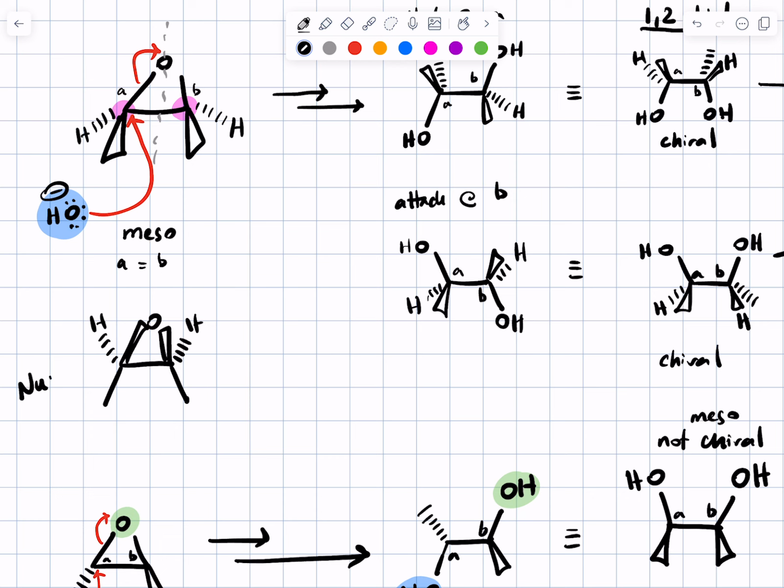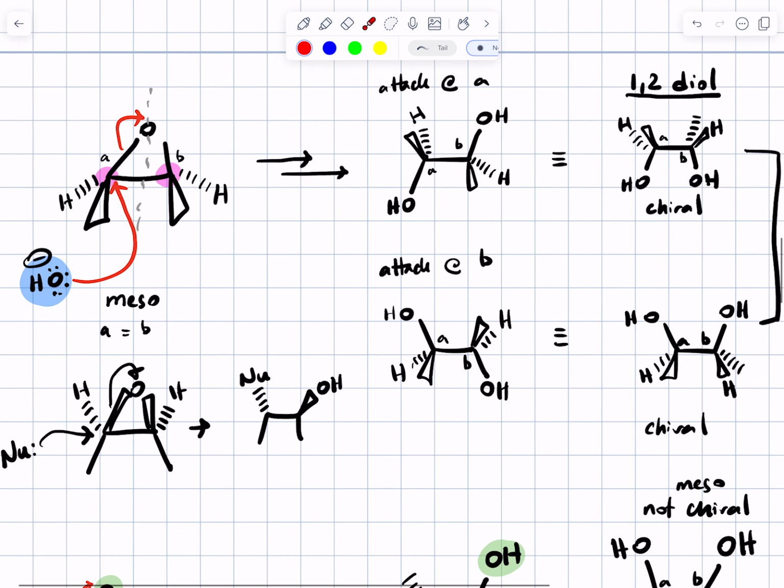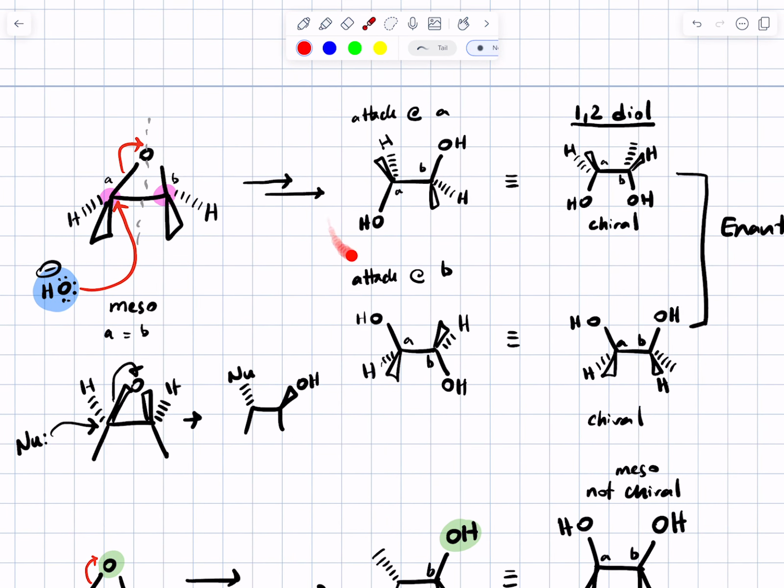And in this case, if a nucleophile attacked, a correct way to draw the product would be this. You should convince yourself that this stereochemical configuration here is the same as this one.